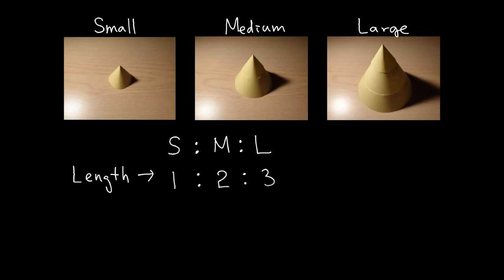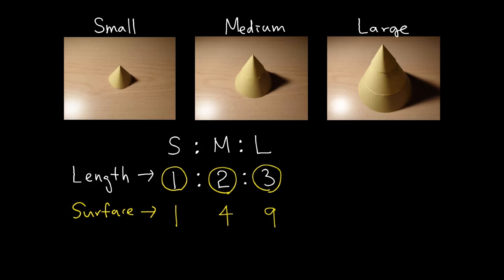And now that we know the length ratio, we can also find the surface area ratio of these 3 cones by squaring each of the numbers in the ratio. So the square of 1 is 1, the square of 2 is 4, the square of 3 is 9.